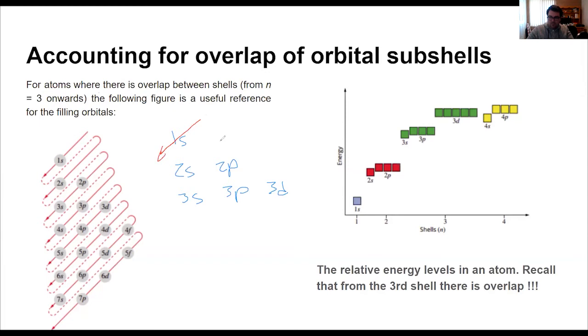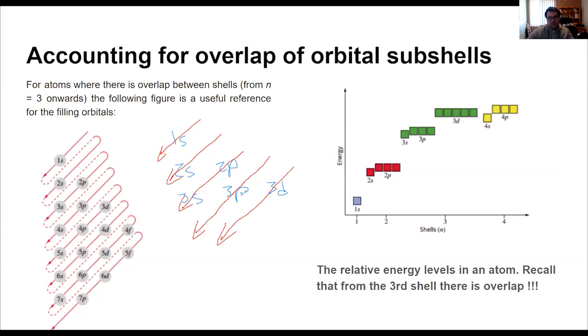So we fill first our 1s, then our 2s, then our 2p and 3s, and then our 3p, and eventually, though I haven't drawn it down here, our 4s, and then our 3d. It's a very straightforward way to draw one of these to work out the filling.